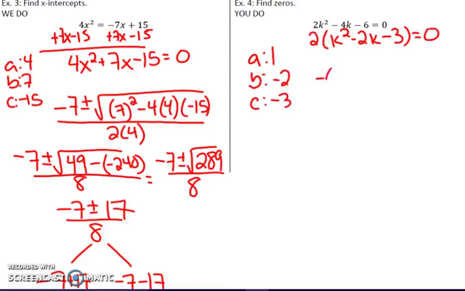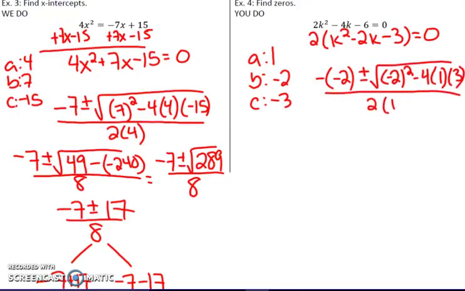It becomes negative of negative 2, because we want to multiply b by a negative 1, plus or minus the square root of negative 2 squared minus 4 times 1 times negative 3, all over 2a. If you notice, our equation doesn't say anything about that GCF, so we're just going to leave it on the outside. We don't have to worry about it.